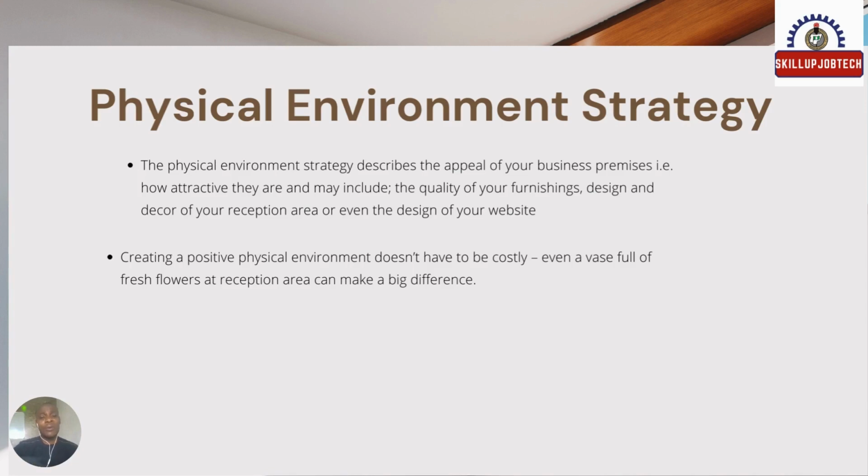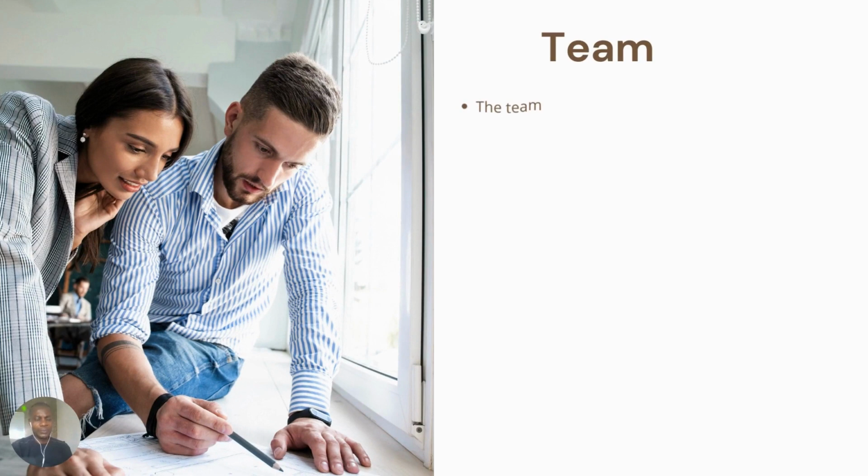Even if the neighbor does not have a very beautiful environment, but he has a convenient way of parking cars, customers will choose to buy from that person. So that's one. When you are considering or writing a business plan, you have to choose the environment. That's what I call physical environment strategy.